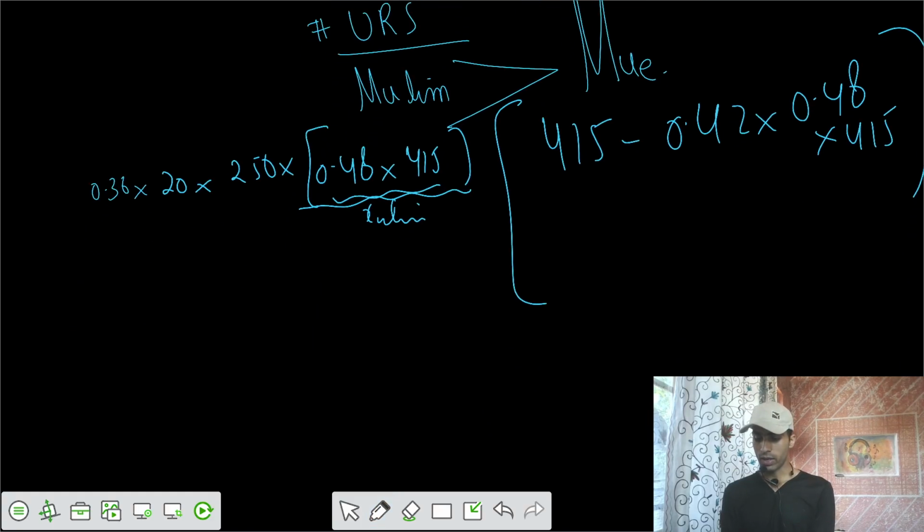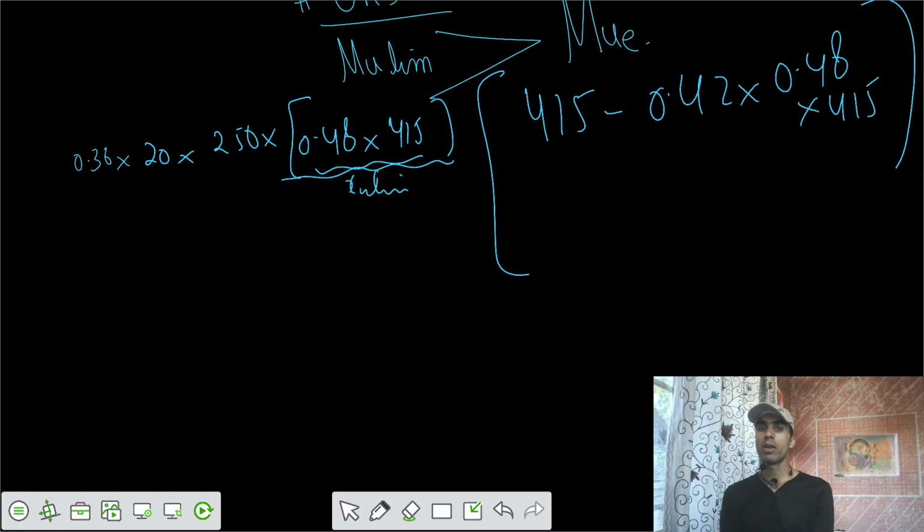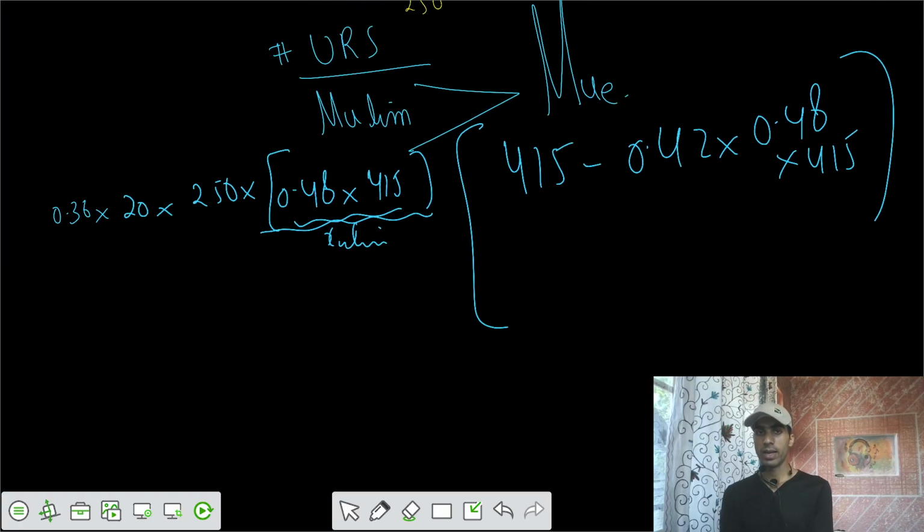So we would get a value of MU limiting as some value. Let's try to get the value. 415 minus 0.42 into 0.48 into 415. Is it D minus 0.42 XU?